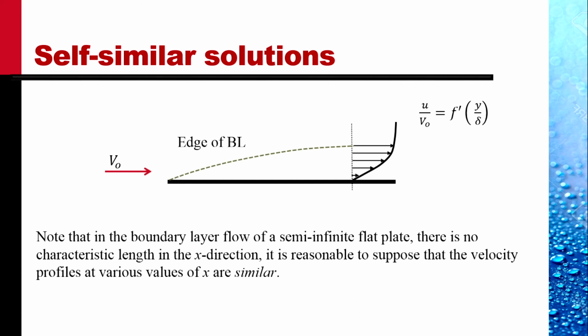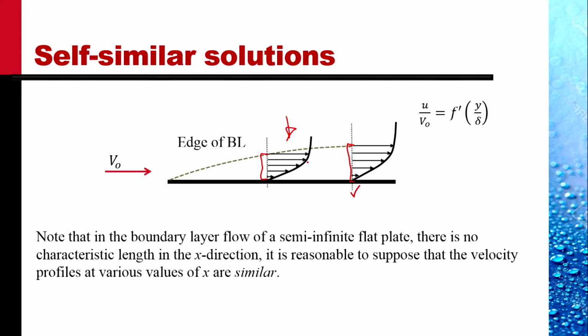So it is reasonable to suppose that the velocity profiles at various values of x are similar. If I have the velocity profile at this value of x, I can find out the velocity profile at a different value of x by simply squashing this in that direction, so that the boundary layer thickness is now reduced to this length.